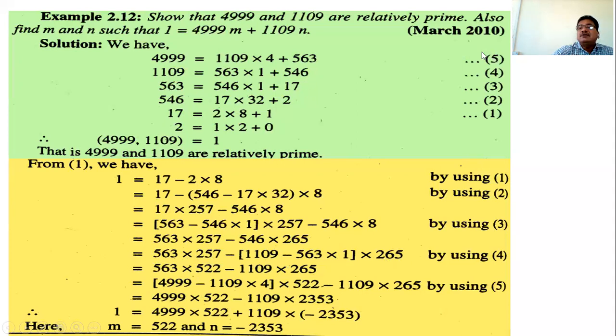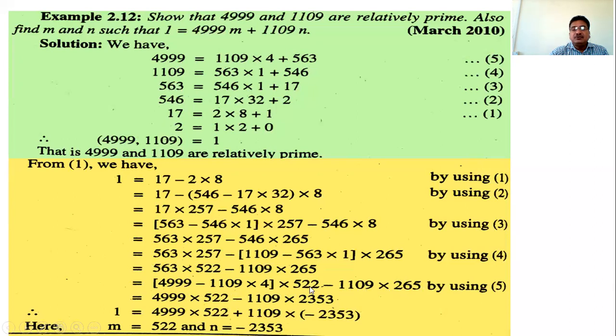Then use the last equation, number 5, that is, substitute the value of 563. It is 4999 minus 1109 into 4. So substitute here the value of 563 as 4999 minus 1109 into 4, into 522 minus 1109 into 265.